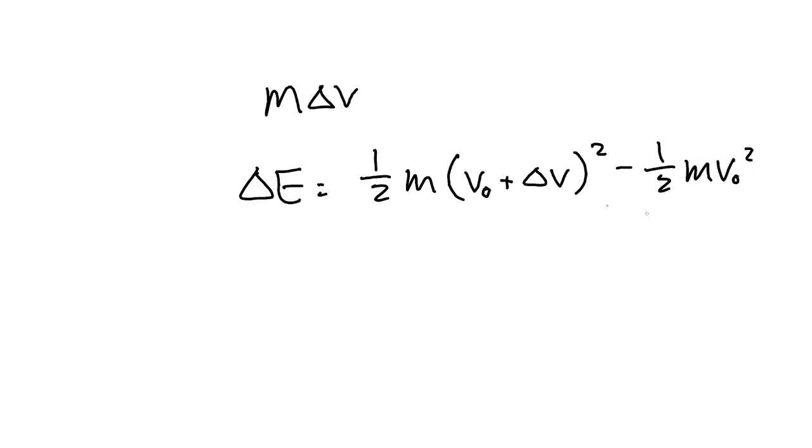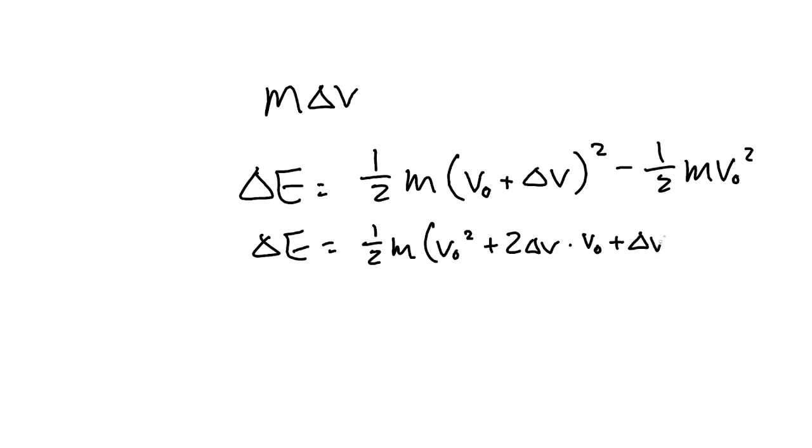And so, if we were to write this out, that means that our change in energy would be equal to 1 over 2 m times, remember, expansion, so this is v naught squared plus 2 dv dot v naught, dot product, remember, plus delta v squared, right, minus v naught squared, right? And so I think this is correct.